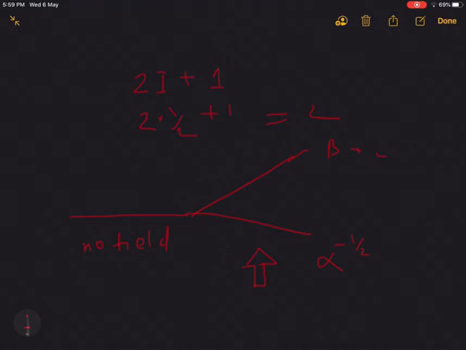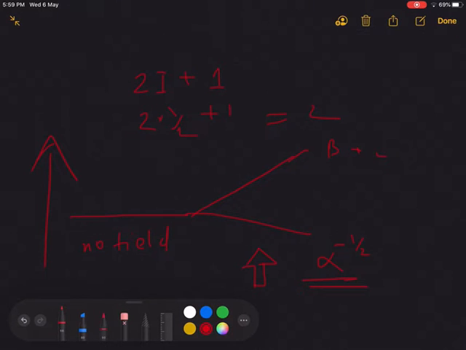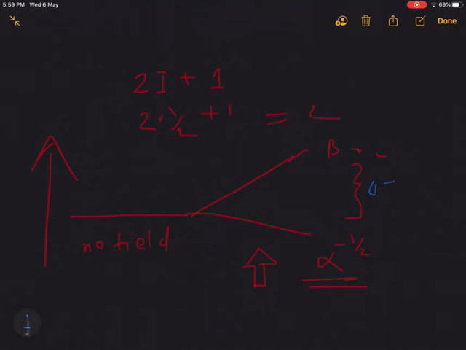This is a low energy state, and this is a high energy state, with an energy difference delta E. Delta E is equal to h nu, so this energy gap is proportional to the frequency nu. As the magnetic field strength changes, the frequency also changes.